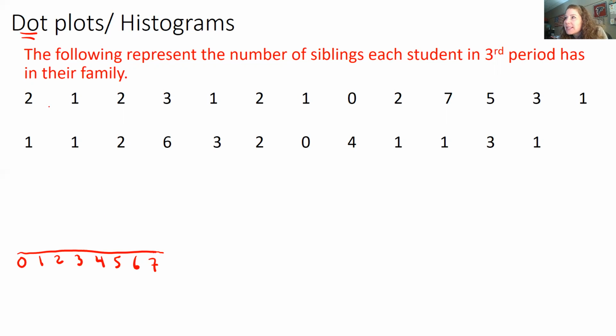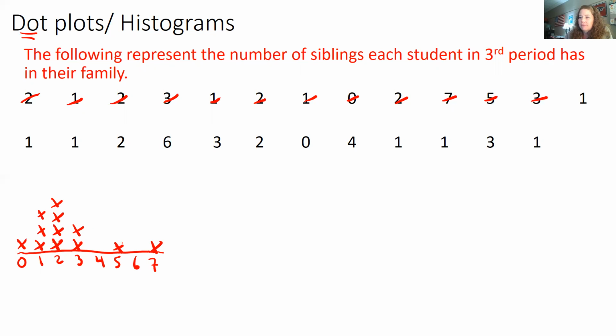So the question was, what is the number of siblings that you have in my third period class? And so these were the responses. So I have 2, 1, 2, 2, 1, 2, 3, 1, 2, 3, 1, 2, 1, 0, 2, 1, 0, 2, 7, 5, 3, 7, 5, 3.